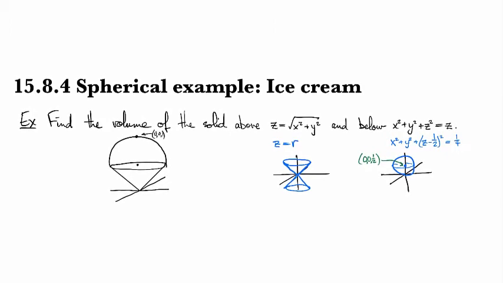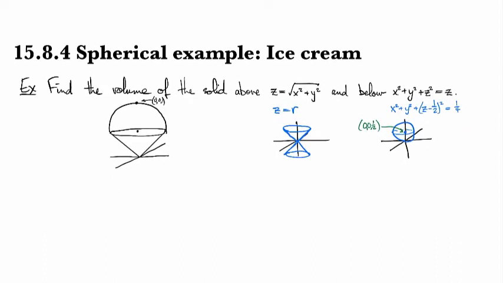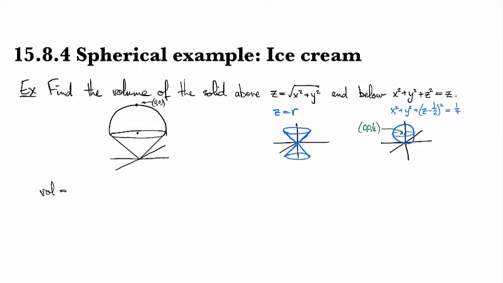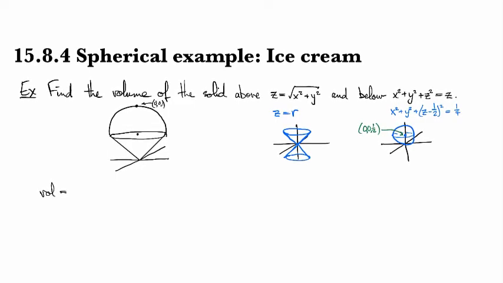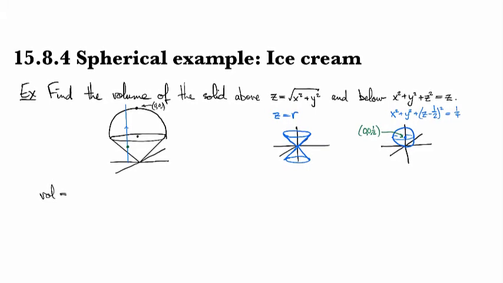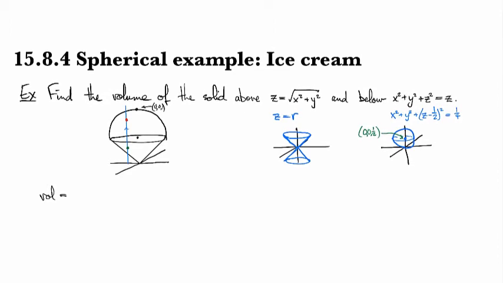So how could we set this up? If we were to do this in Cartesian, and we did the dz integral first, then we would be looking at vertical lines that go like this. They start down here at the bottom of the cone, and then they exit up here on the top spherical surface.